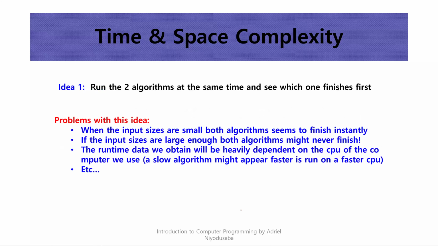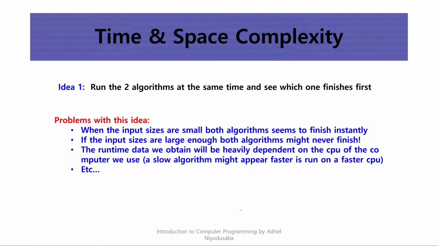One idea could be, okay, let's run both algorithms at the same time and see which one finishes first. A couple of problems that could come with this idea: if the input sizes are too small, with modern computers pretty much both algorithms might finish instantly, and you will not be able to tell the difference.